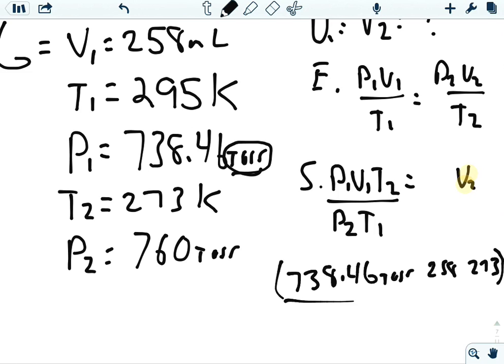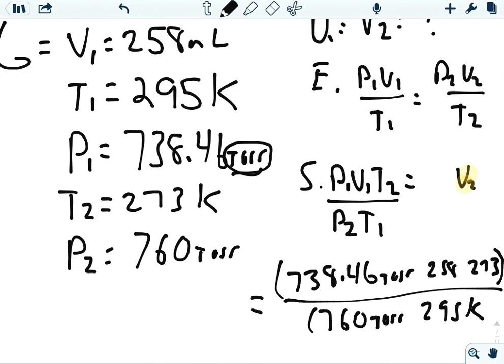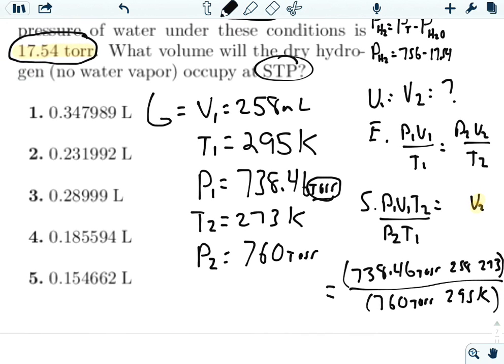Running out of room, so I didn't put the units there. And then we have our P2, which is 760, and then our T1, which is 295 Kelvin. We plug all of this into a calculator, and we will get an answer of right around 0.2319, this one right there.